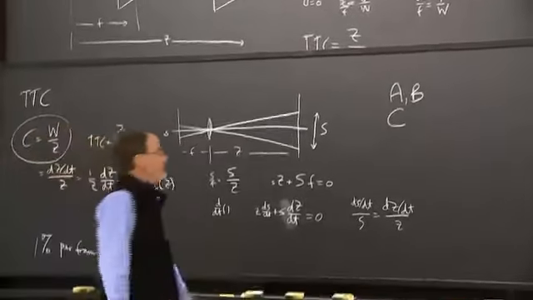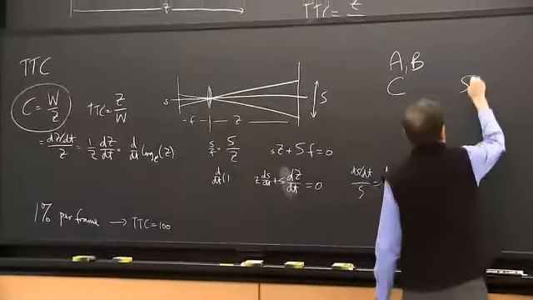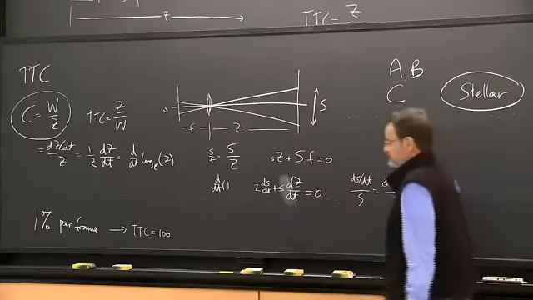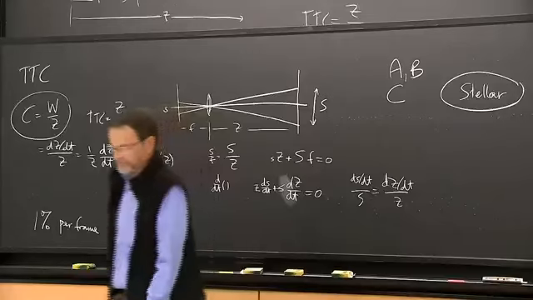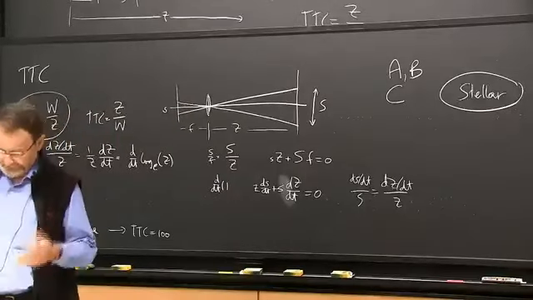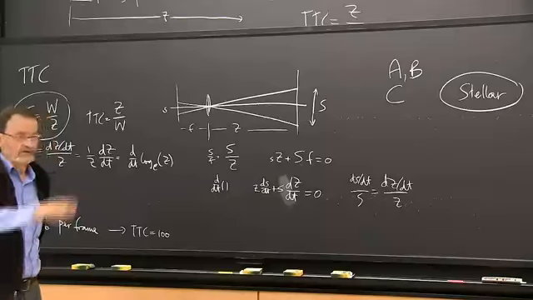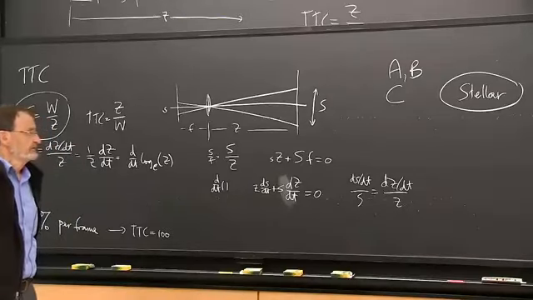Again, this is all spelled out in a paper that's on the website on time to contact. I guess the full title is The Time to Contact Relative to a Planar Surface.